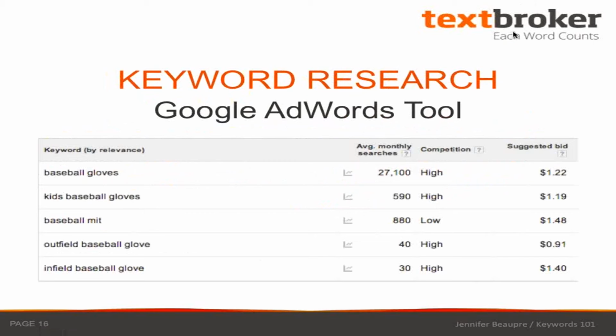If you look at the Google Adwords tool, on the left you see some examples of keywords. These are long-tail keywords. You can see in the middle that we have the average monthly searches.